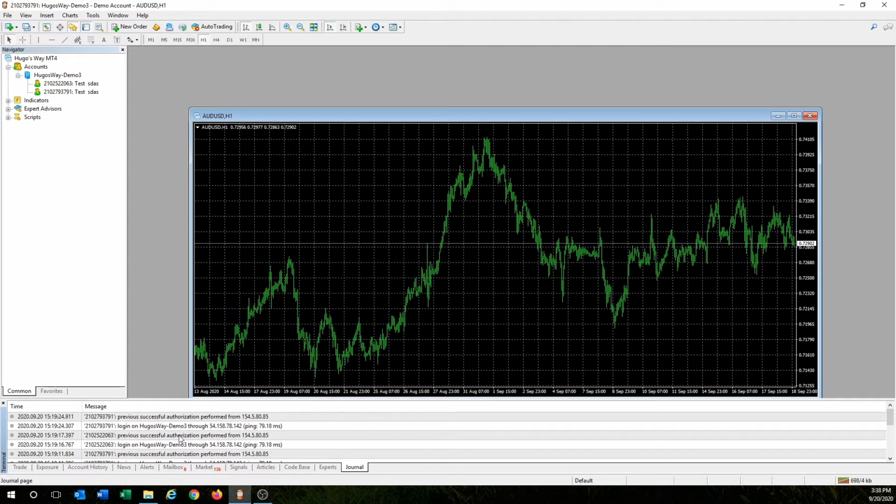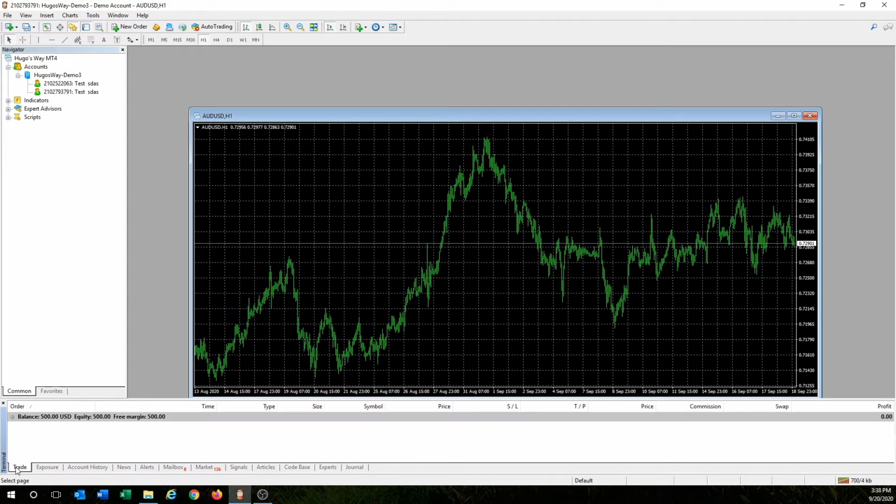It'll say incorrect password or account not valid. So I want you to be familiar with this journal tab, because when we don't have a connection showing on the bottom right here, if you go to journal, it'll say maybe invalid account or password is incorrect, stuff like that.